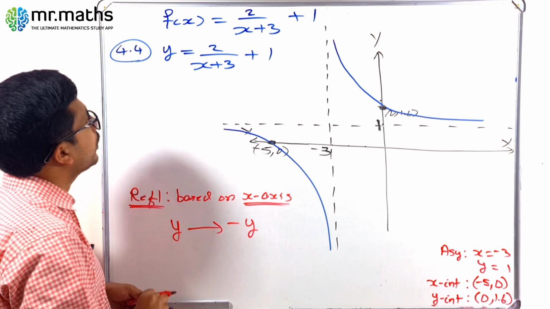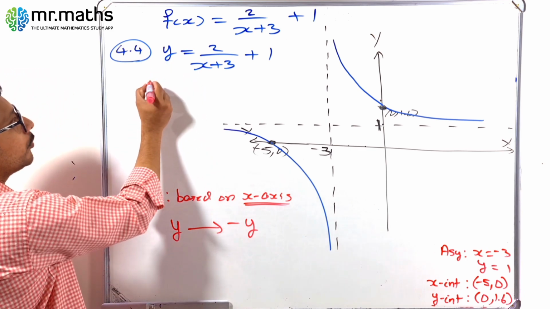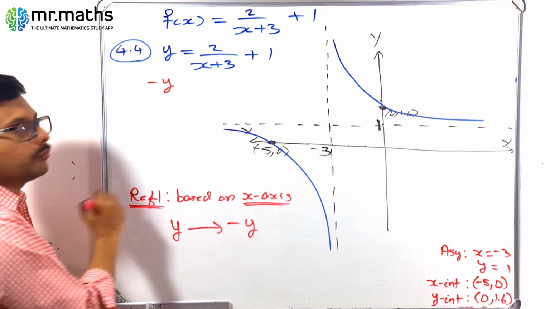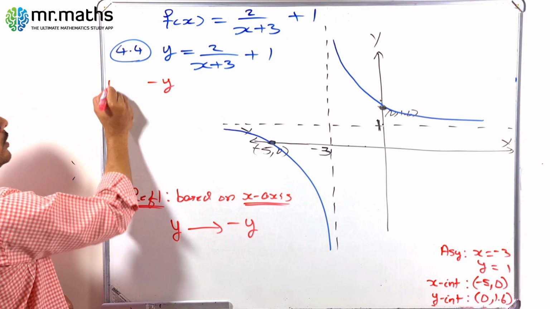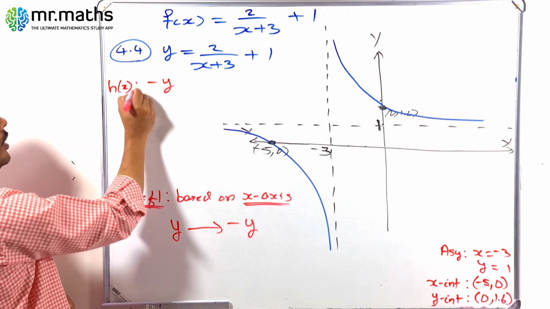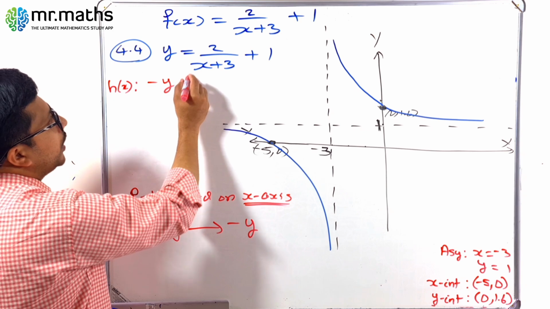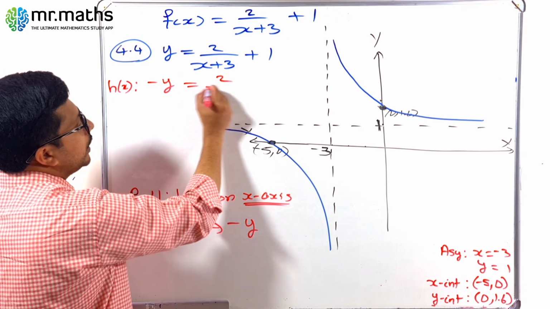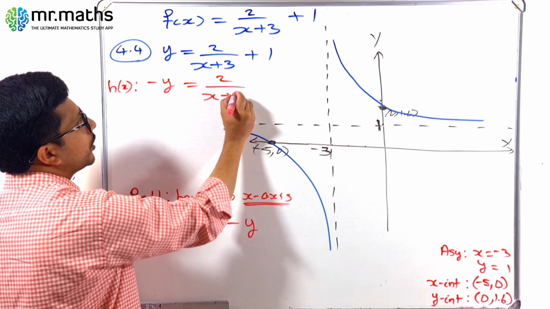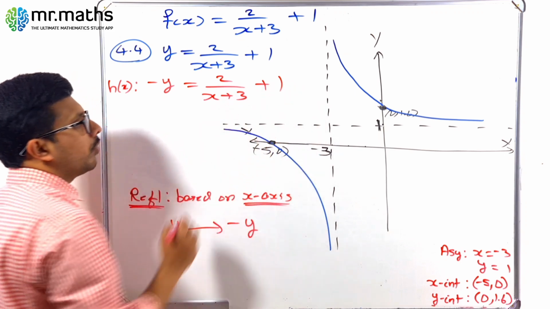So look at how I am going to write this y. I am going to write it as minus y, and they call that h of x. So h of x: minus y is equal to, don't change anything else now, 2 divided by x plus 3 plus 1.